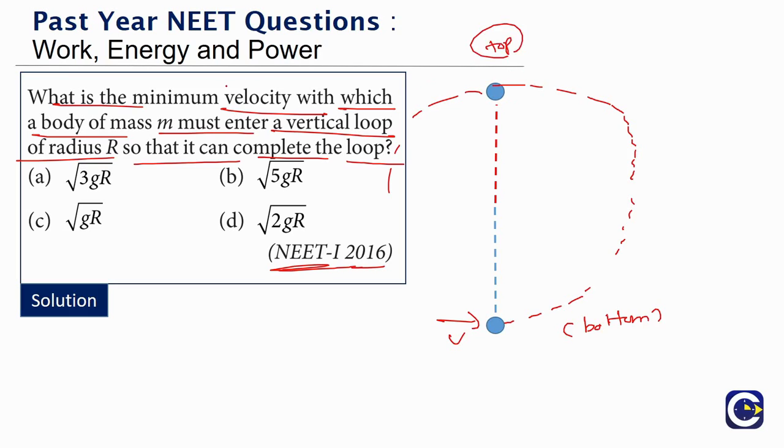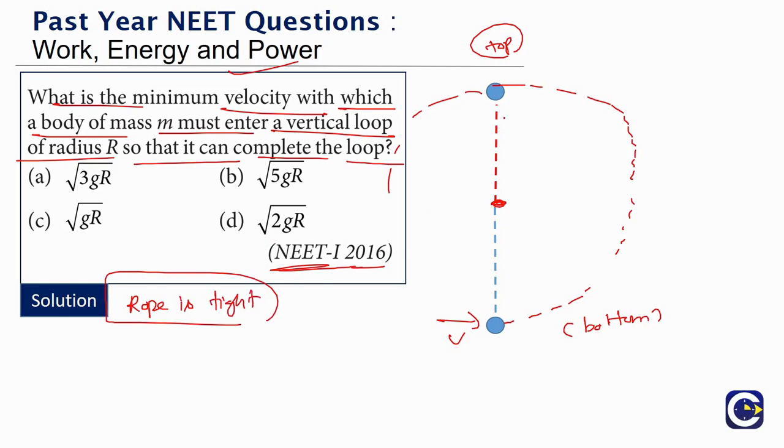Now here what they are asking, the minimum velocity with which the body of mass m must enter the vertical loop so that it can complete the loop. So first, what do you mean by completing the loop? This is the center, right? The particle goes along the circular path as long as the rope is tight.